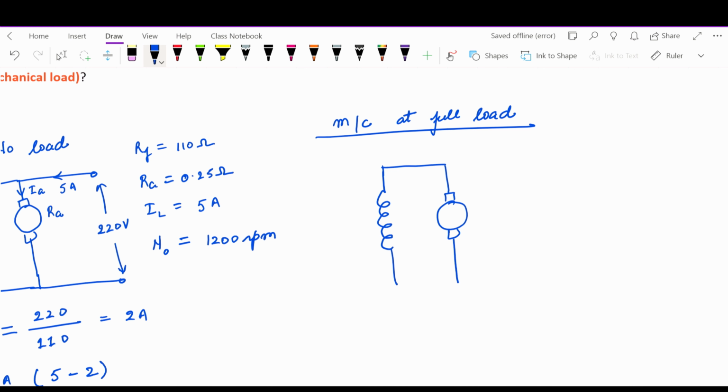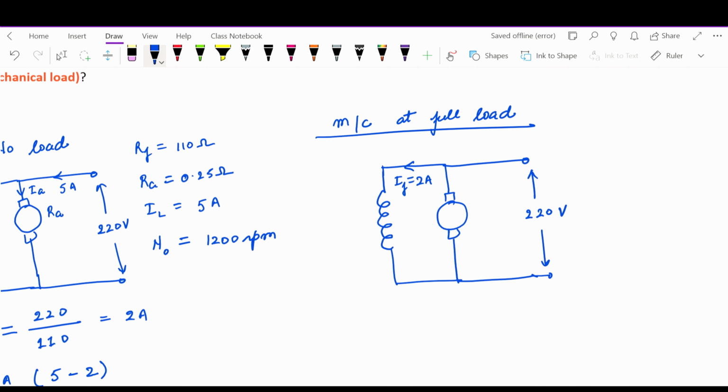It is driven by the same DC voltage supply. The value of RF is same. The IF will remain the same, equal to 2 amperes.